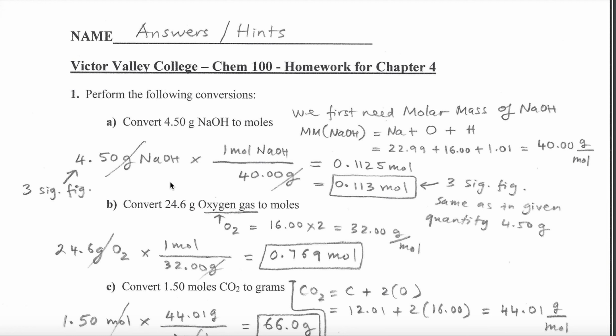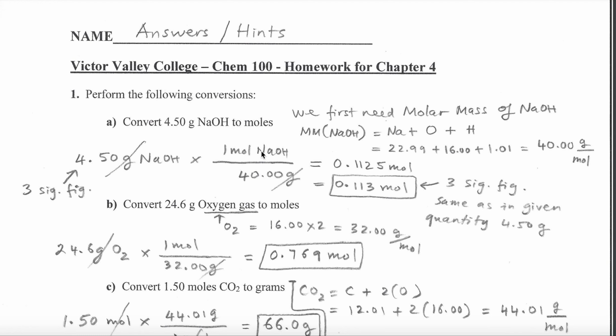But notice that 4.50 is given to us in 3 significant figures. So when you take 4.50 grams, remember we have to cancel units, and that's grams. So if you put moles on the bottom, that would not work. With moles on the top, that's the unit we're going to keep. So 4.50 divided by 40 times 1 is the same.